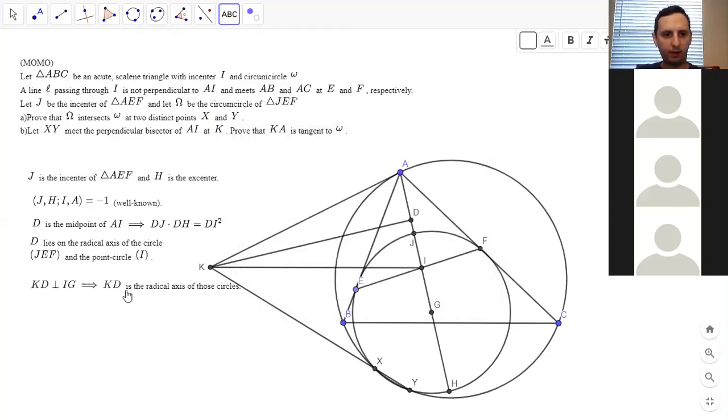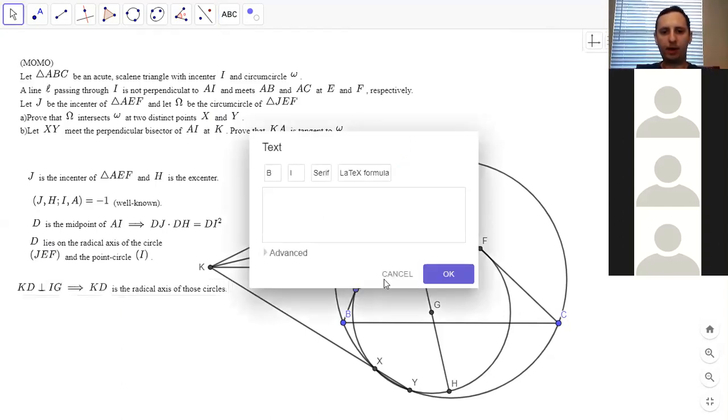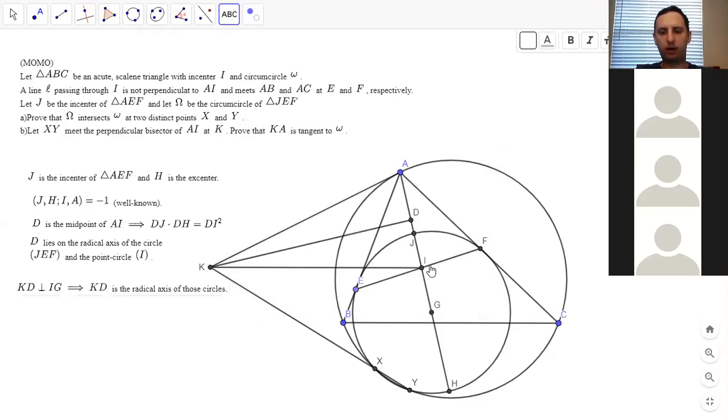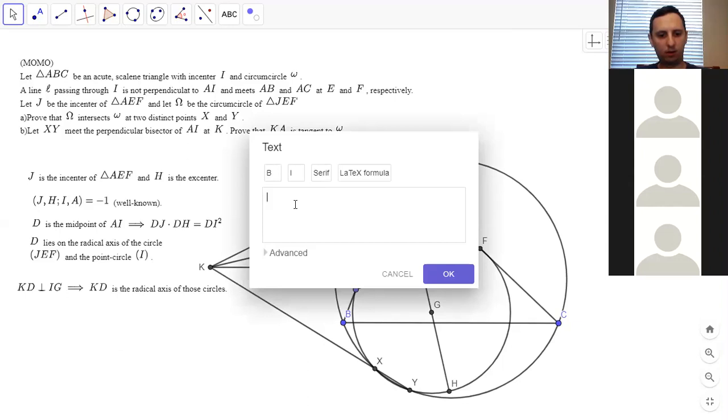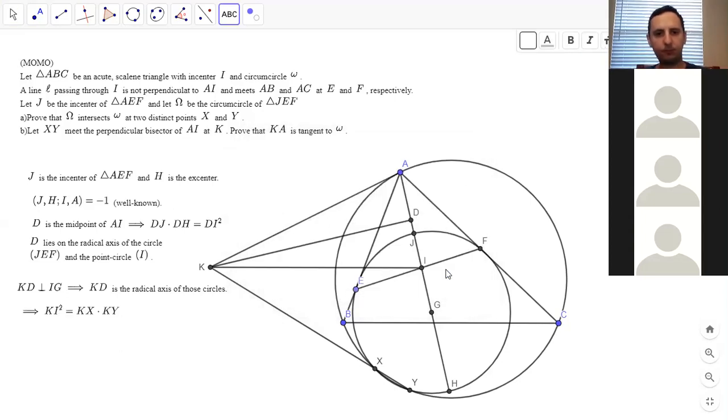So that means that KI squared is equal to KX times KY. Which is equal to KA squared.